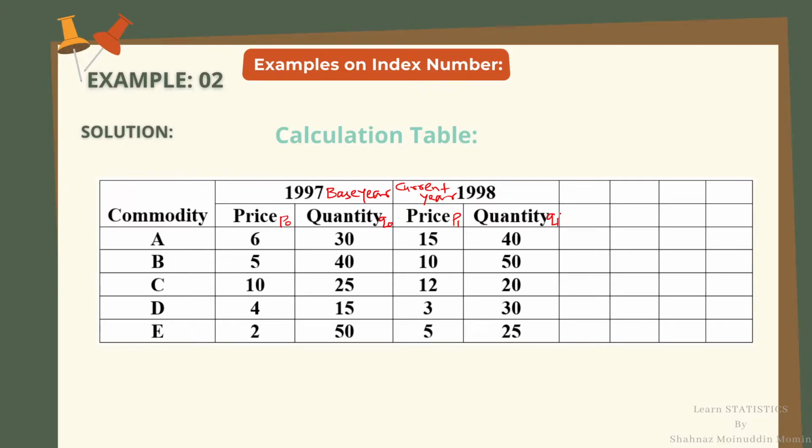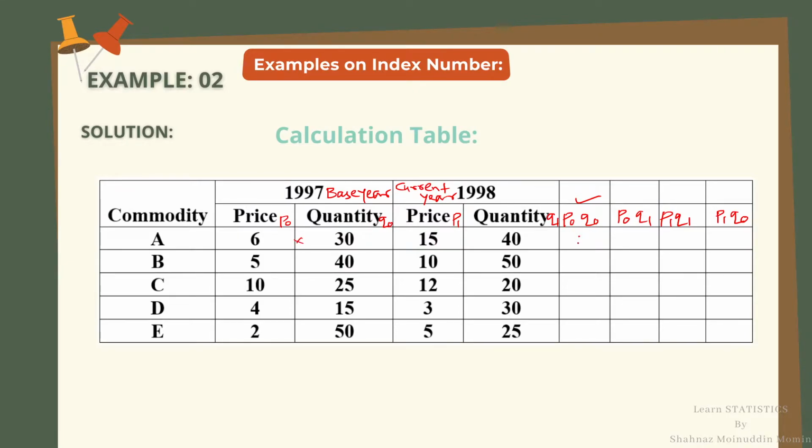Now we shall prepare some columns like P0Q0, P0Q1, P1Q1 and P1Q0. For P0Q0 we multiply the price and quantities of the base year, that is 6 into 3, like this.